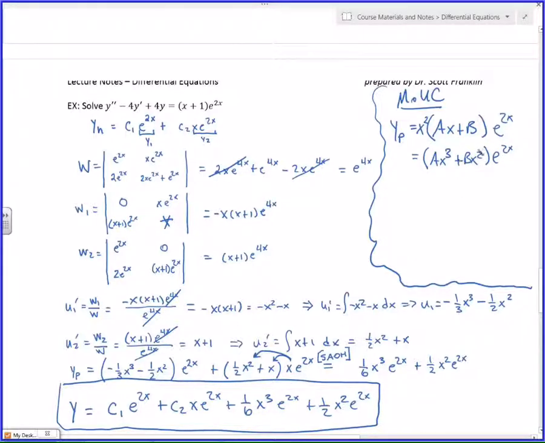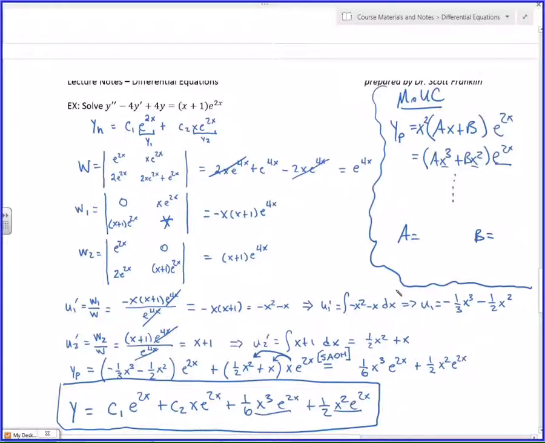In the method of undetermined coefficients, what you then do is take the derivative of this, the second derivative of this, plug it all into this function here, and then solve for a and b. If you did that, guess what you get? I mean, this right here and this right here are these terms.